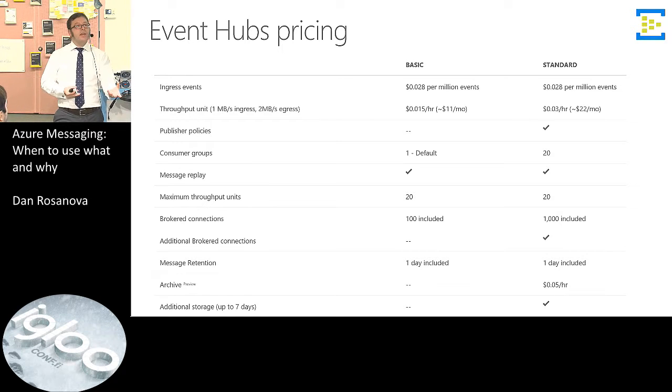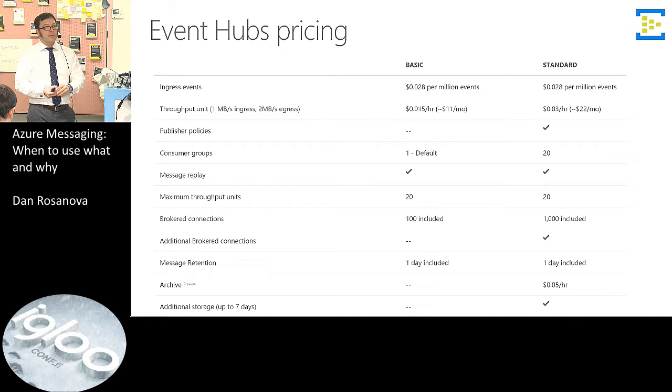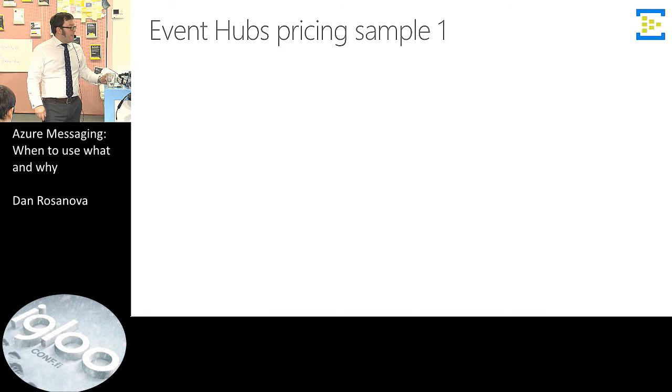In standard, we give you a day for free, and then if you want more, you can pay for more. All we charge you is the raw storage cost, which is quite little. So you can go up to 7 days in standard. But we don't want it to be looked at as a long-term storage thing. So we don't really know if there's use for that beyond 7 days.